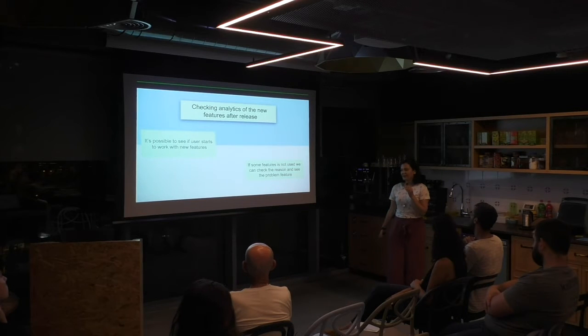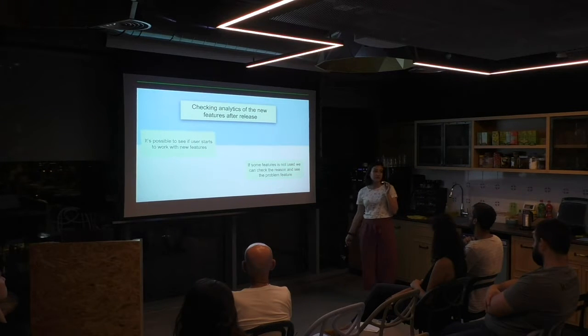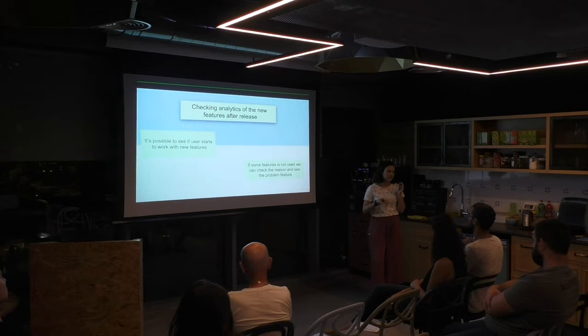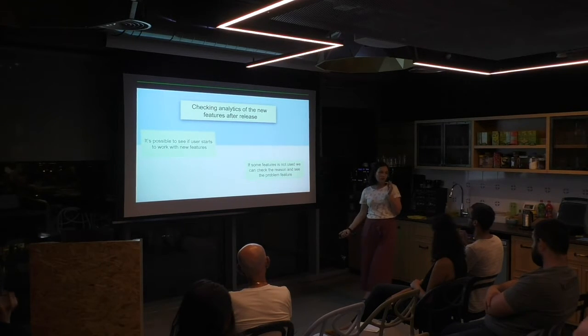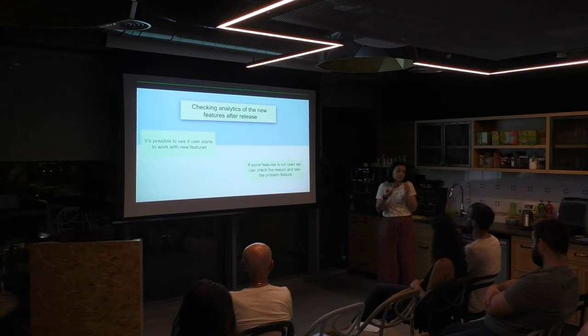Everything happens. Second, it means that we have some blocker related to the feature, and the feature in general doesn't work. Or also maybe it's not really clear for the user, and the user didn't understand that there is a new feature, or it's not needed for them, so we can work with it.